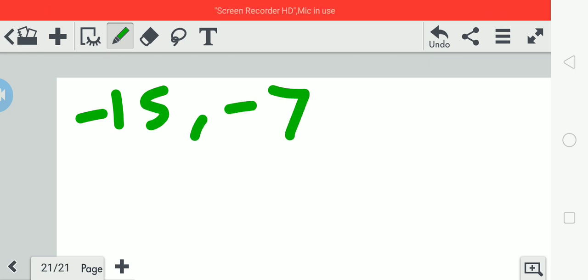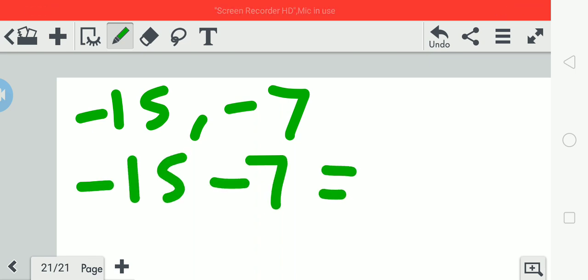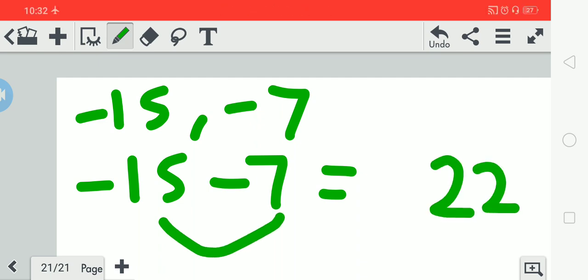We have to find the sum. Apply rule number second, because both numbers are negative here. That's why do addition: 15 plus 7, that is 22, and both numbers have the negative sign, so apply the negative sign. Get it?